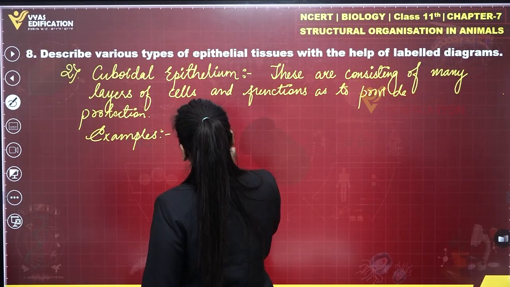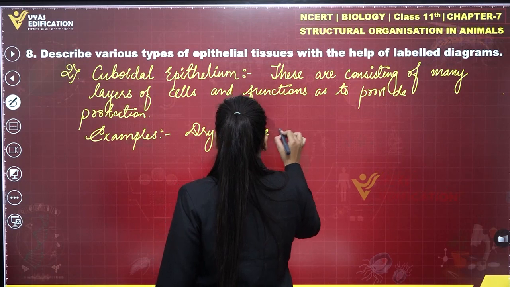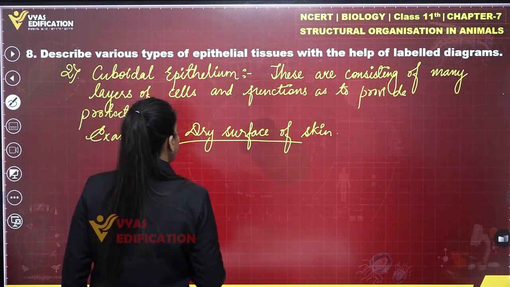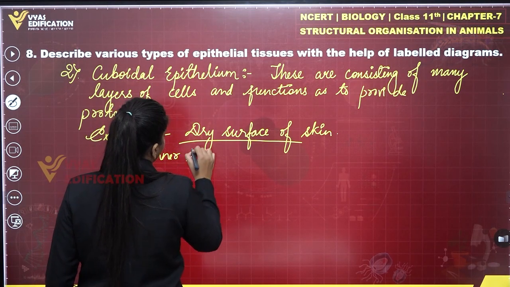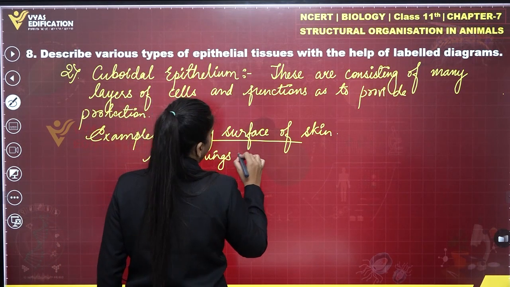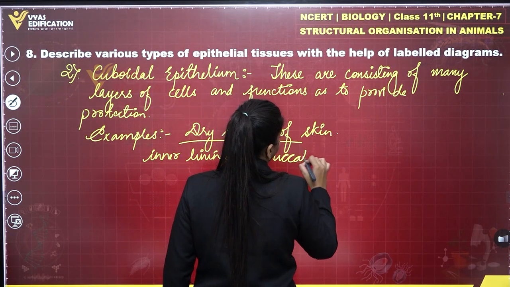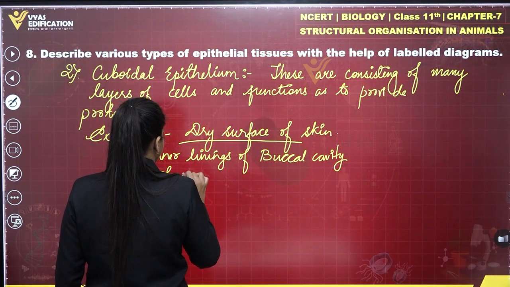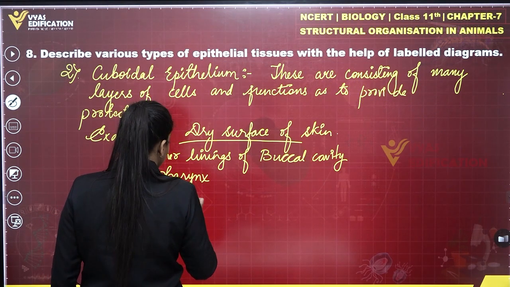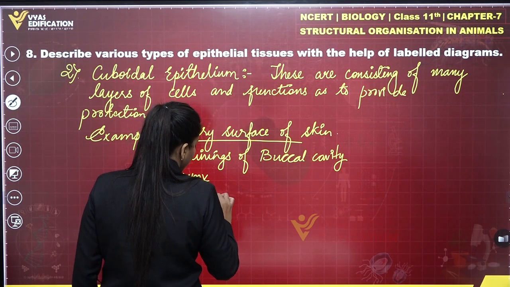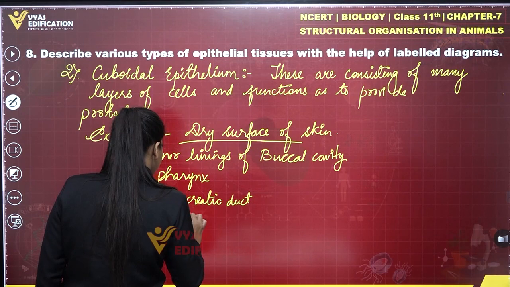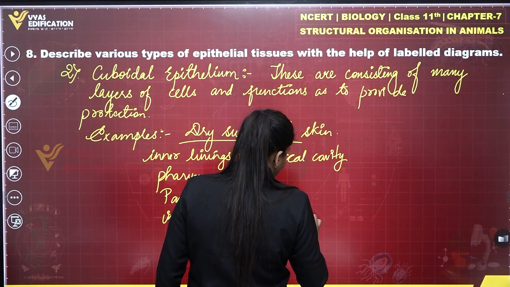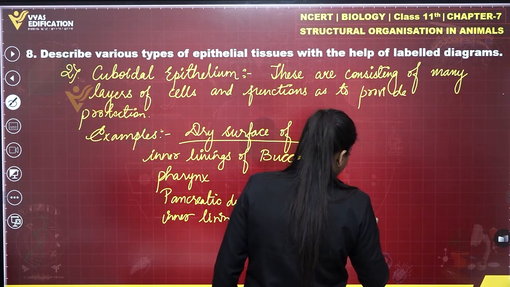So dry surface of skin, you will find this cuboidal epithelium on the dry surface of skin, along with the inner linings of buccal cavity, then pharynx, pancreatic duct, and inner lining of the ducts of salivary gland.